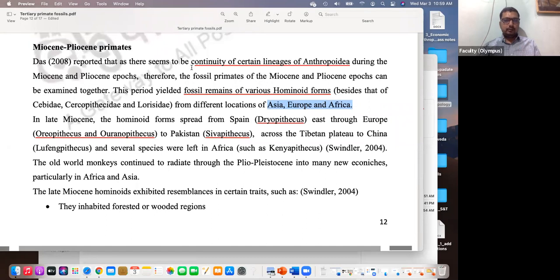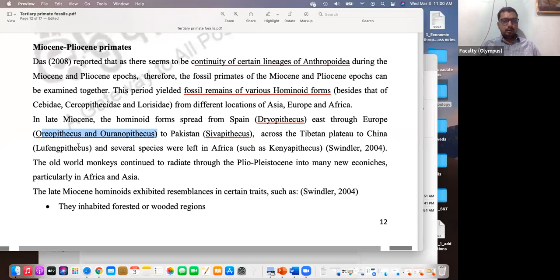So in the Miocene and Pliocene primates, they would find hominoid forms like Dryopithecus. These are the main names you have to write. Dryopithecus, they found in Spain. And they found Oreopithecus and Auranopithecus. Whenever we use the word Pithecus, they already have characteristics of apes. That is why we use Pithecus as a suffix.